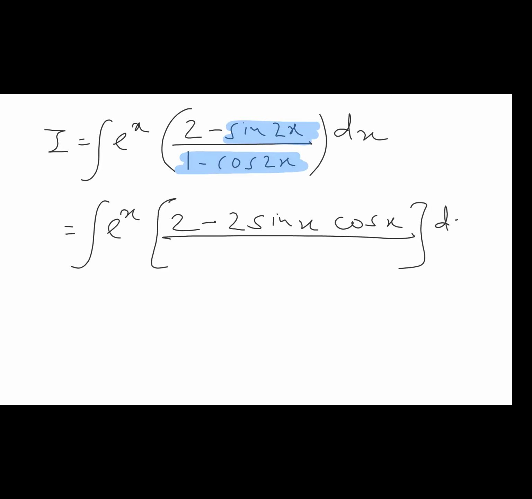And the half angle for 1 minus cos 2x is 2 sin square x.